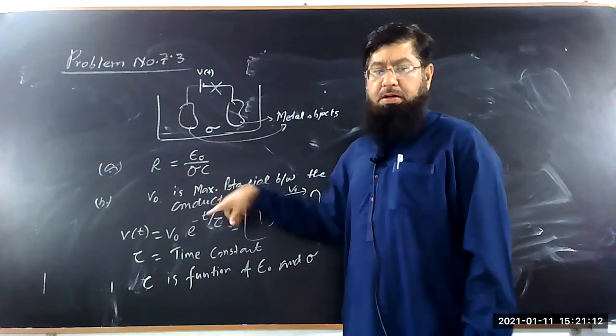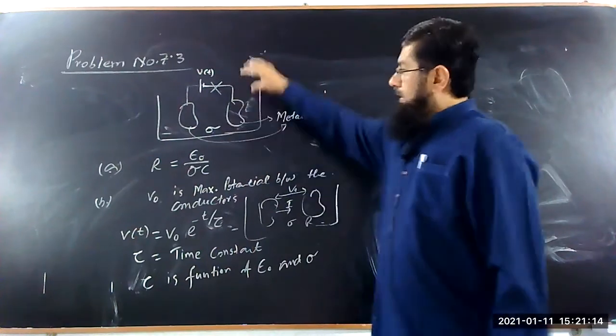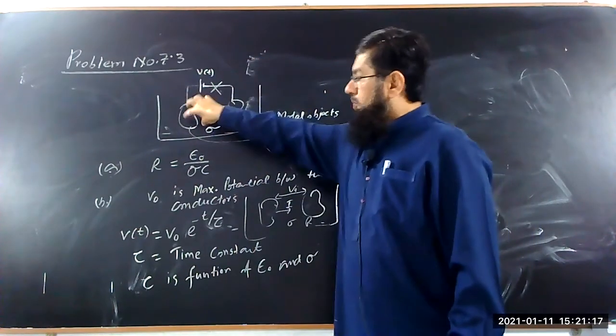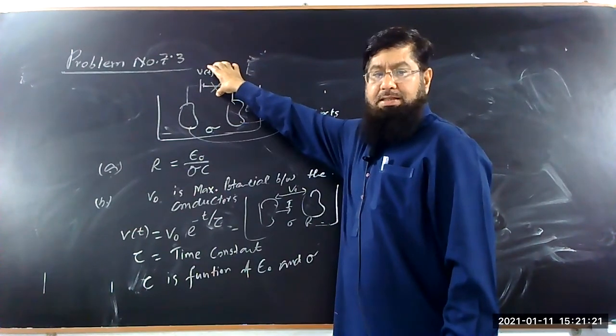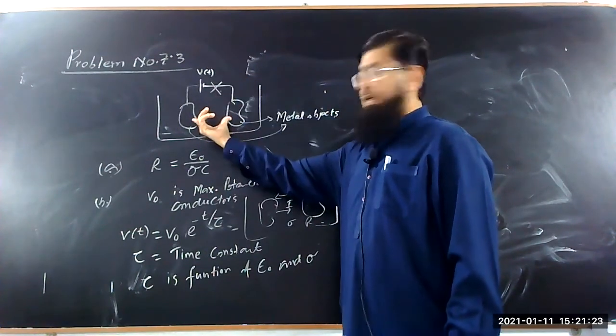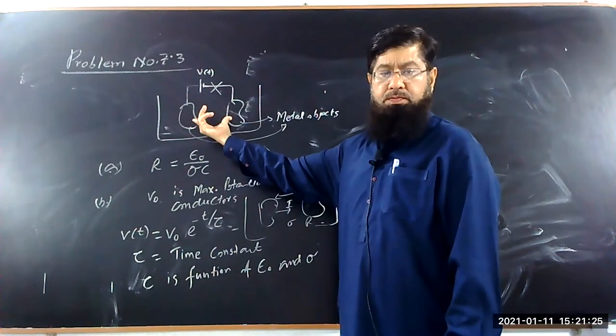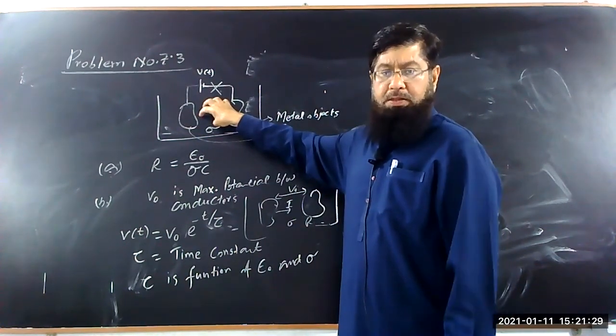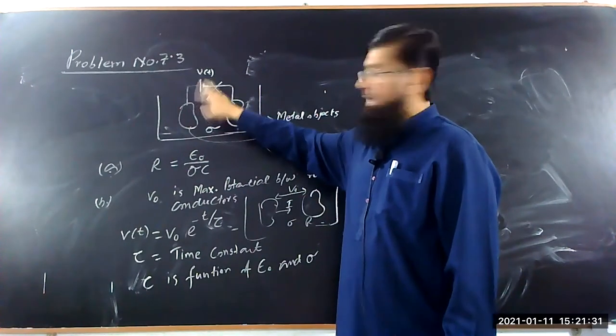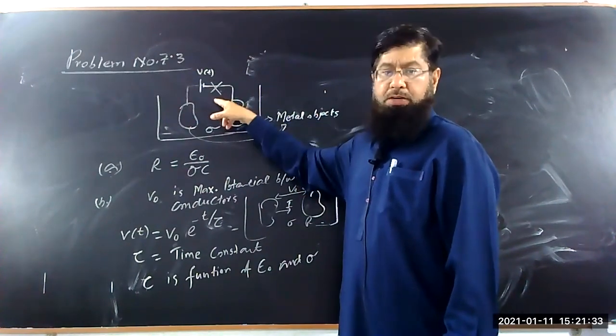The second part of this question is that now these two metals are connected to the battery. As a result, these two metal conductors will charge up, like the plates of a capacitor. When it is completely charged, disconnect it from the battery.